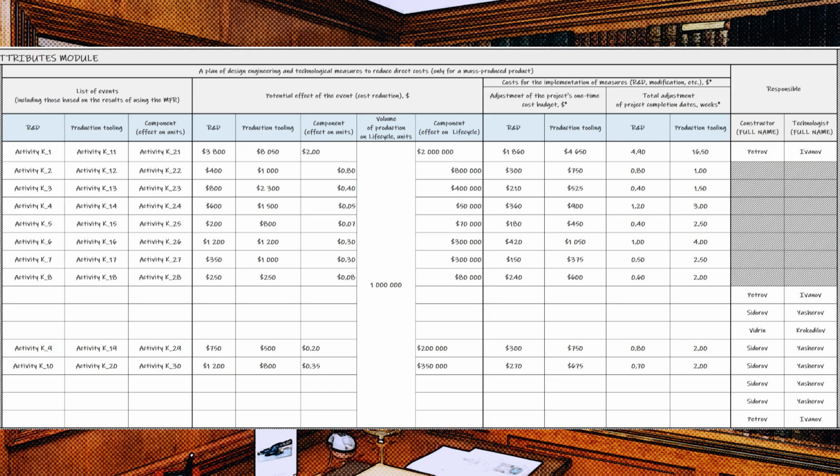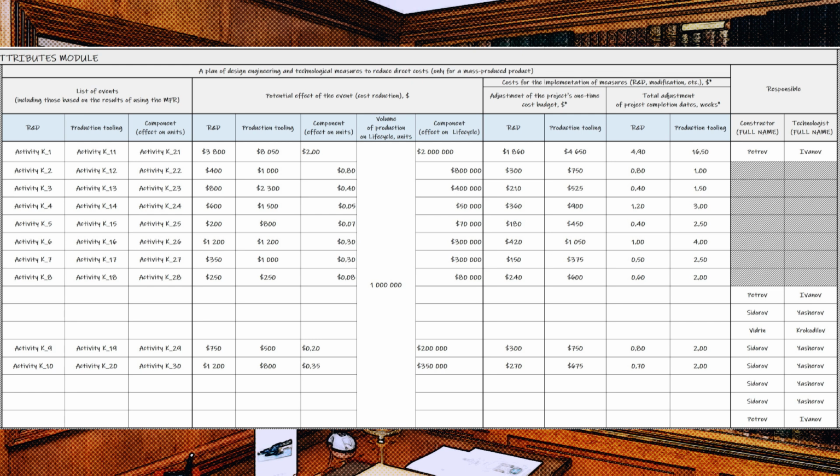These columns are filled in based on data from the suppliers of the listed services, for example, the manufacture or modification of already manufactured equipment, or from an engineering center performing R&D. In fact, this happens as follows.